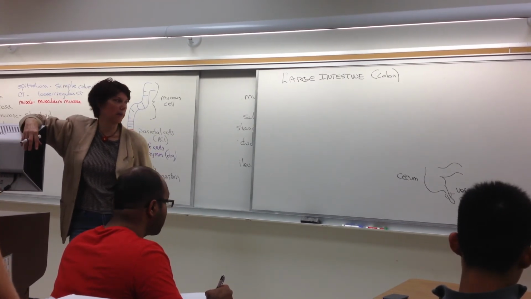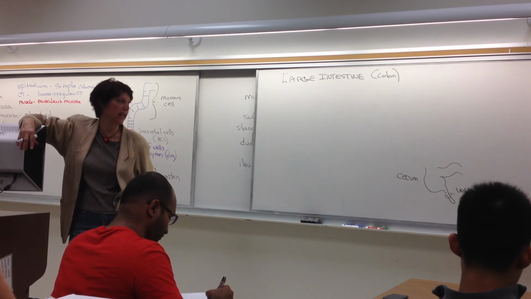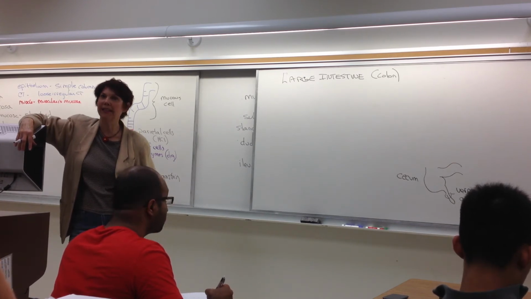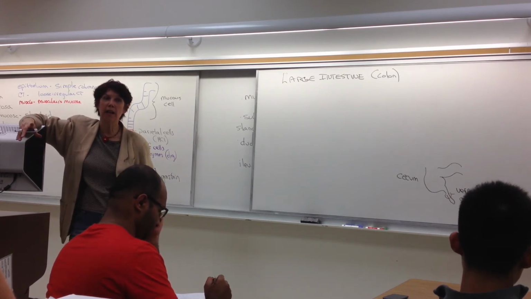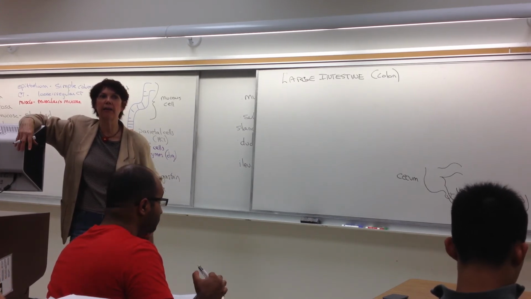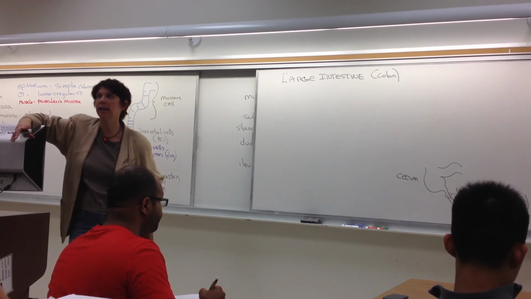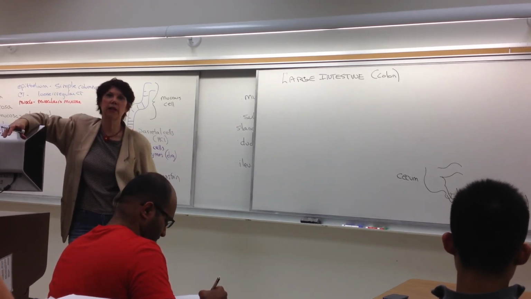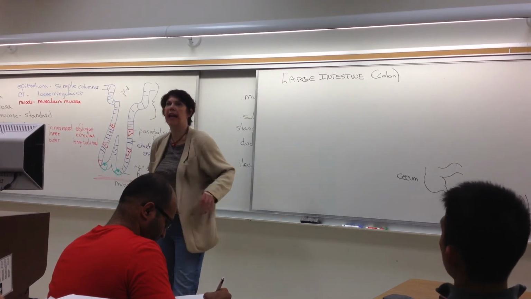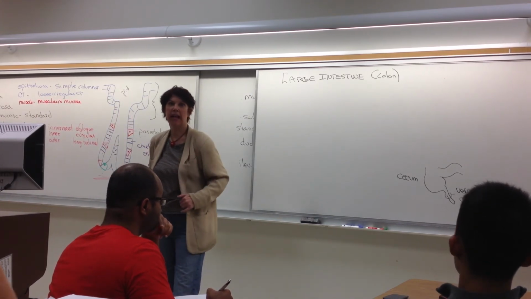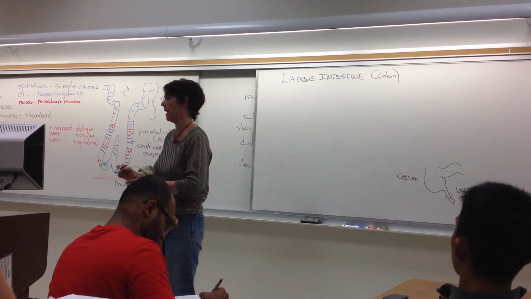About 3 years ago, a paper came out in England suggesting, I don't know how you would prove it, that the purpose of the appendix is to function as a reservoir. So if you had a high level of dysentery, diarrhea, and you lost your bacterial normal flora, the appendix could serve as a replacement, kind of a little incubator to replace those bacteria with.